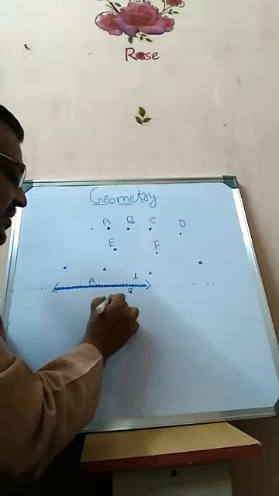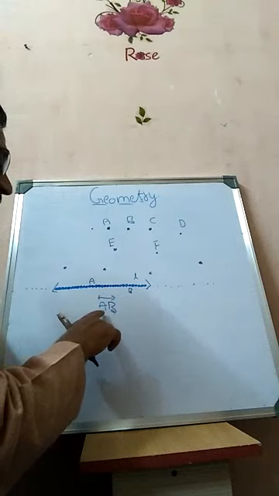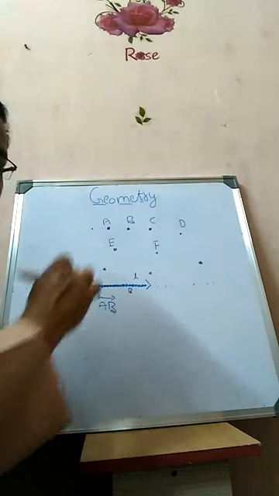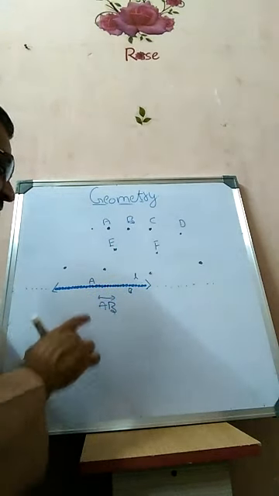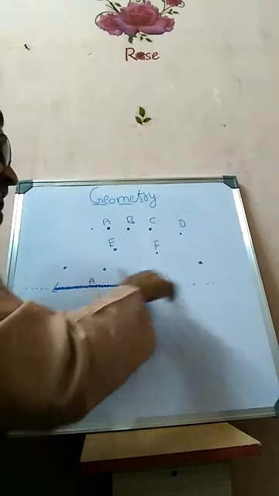Line AB. Upon that AB, we have to mark the line symbol. Then we can read this one as line AB. So on this line, infinite points will be endlessly.